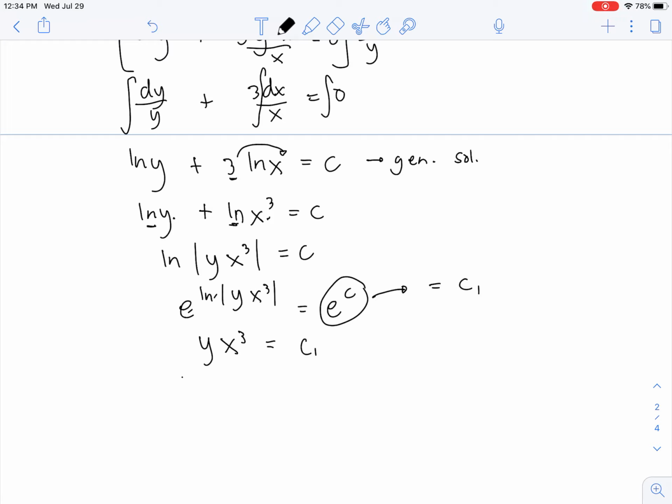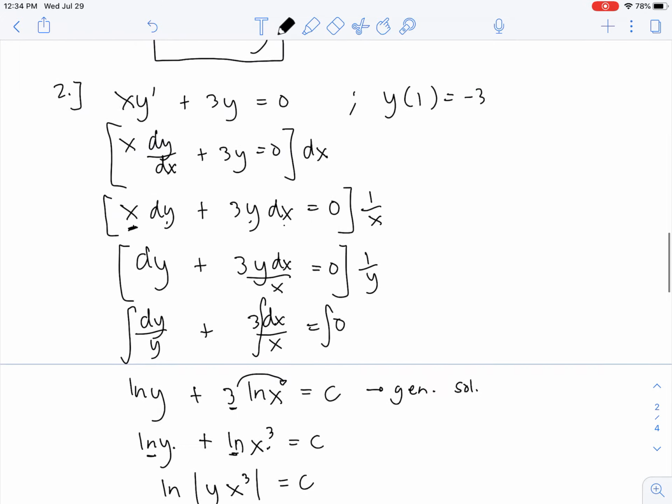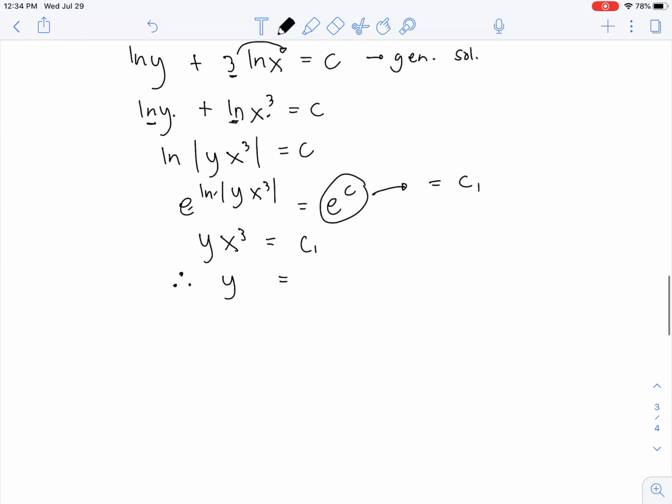Next, since ang value sa y is equals to negative 3, dahil ang value sa x is 1, ato lang i-plug in ang mga values. So kaning y dire may mong negative 3, ang x may mong 1. So this is negative 3 multiplied by 1 raised to 3 is equals to c sub 1.